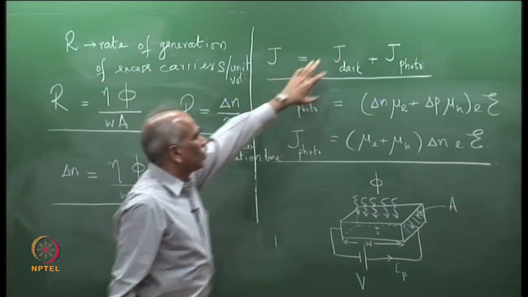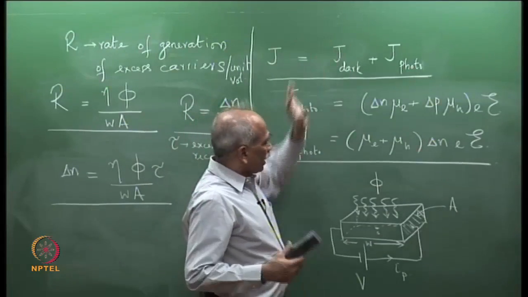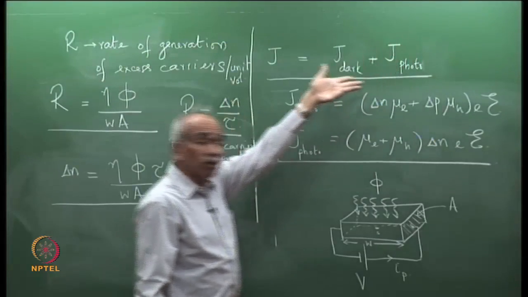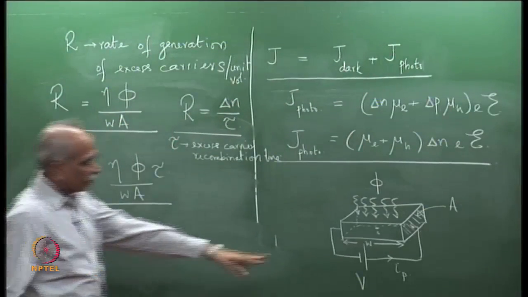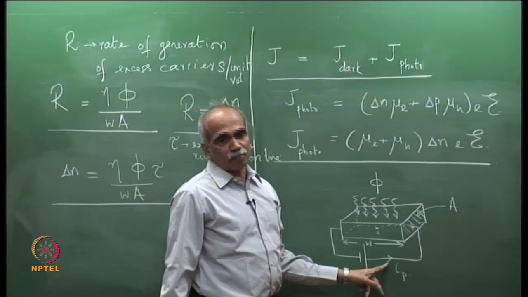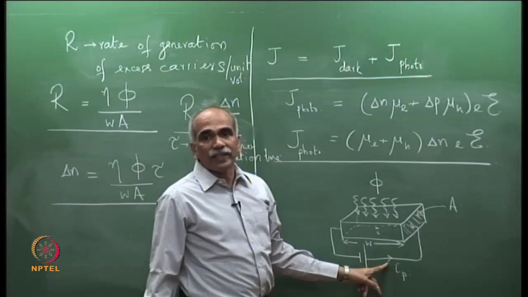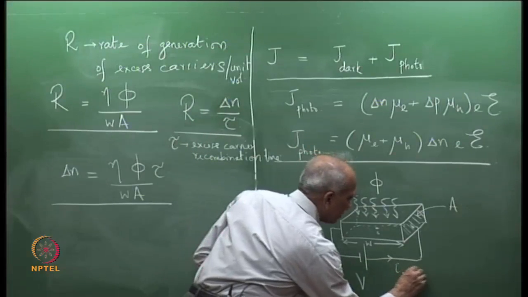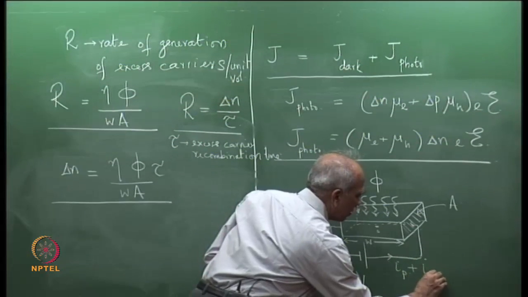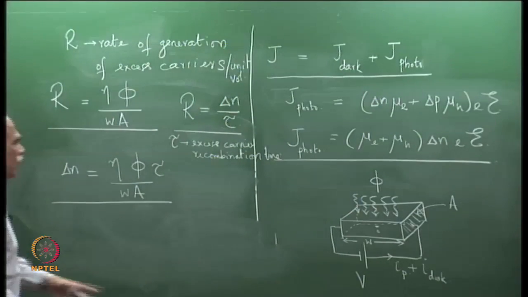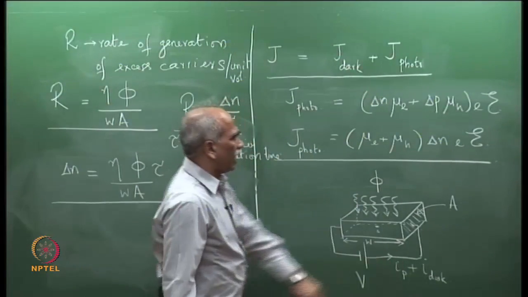But our primary interest is what is J photo and hence what is the photocurrent generated. I have written here IP, the photocurrent, but actually the total current comprises both IP plus I dark. However, our interest is to find out what is IP.